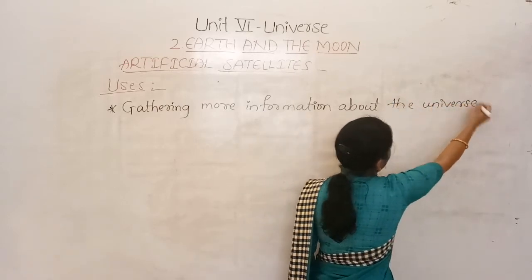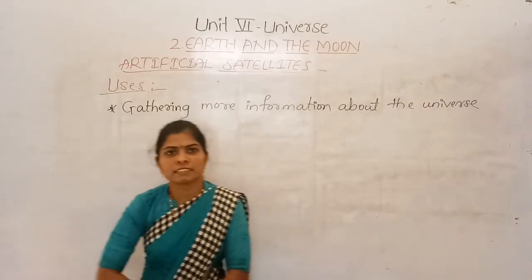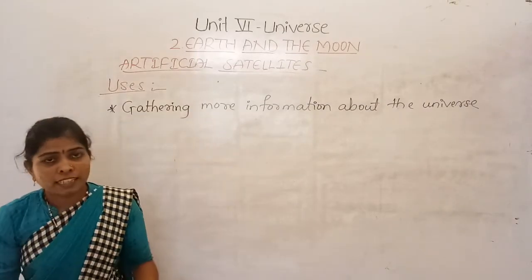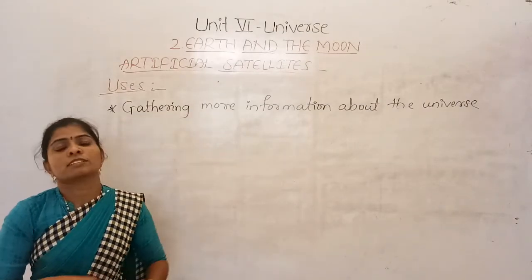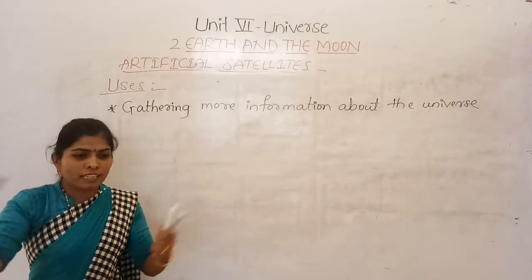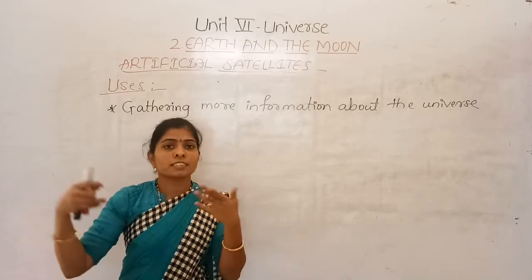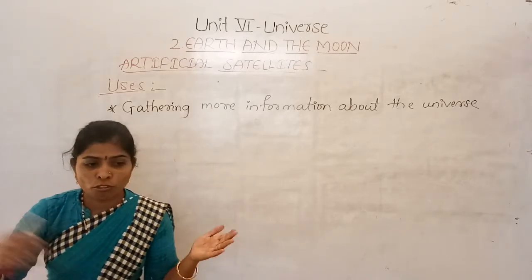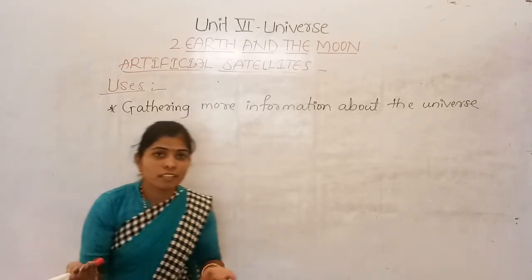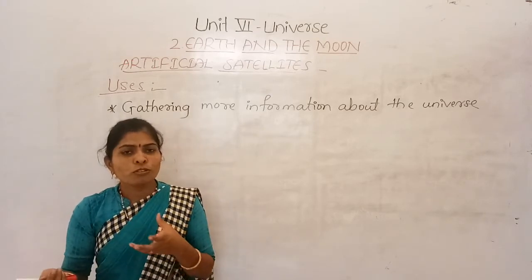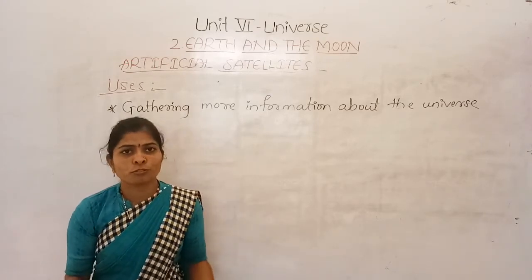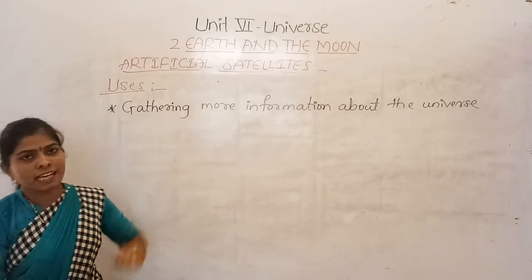Now we know many things about the galaxies, that there are many other galaxies, that galaxies have solar systems, and in the solar system there are planets and not only planets, there are other bodies also. This is how we come to know, because of these satellites.